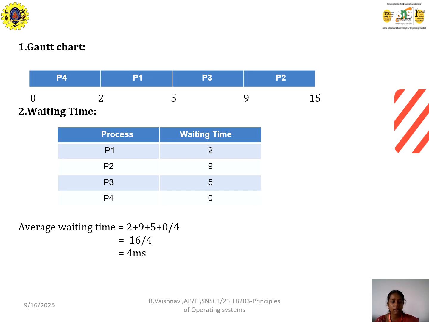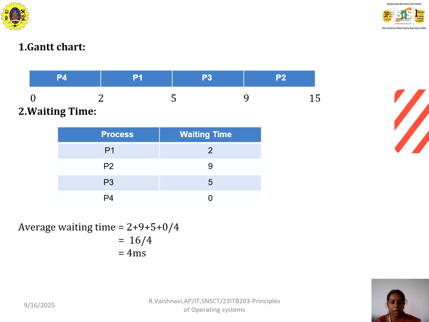Here we have the Gantt chart for SJF. According to the burst time, process 4 has the least value, so process 4 executes first. The time will be 2 milliseconds, so it executes until 2, and then process 1 with a burst time of 3.